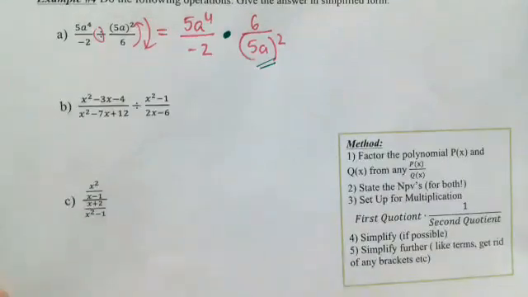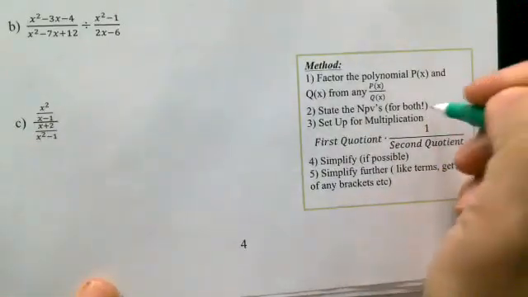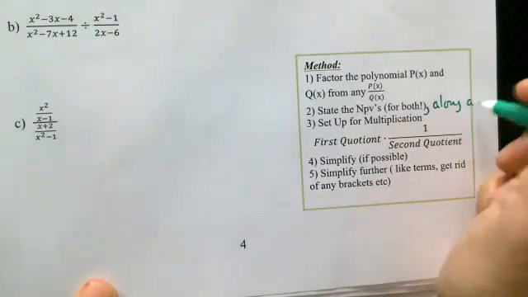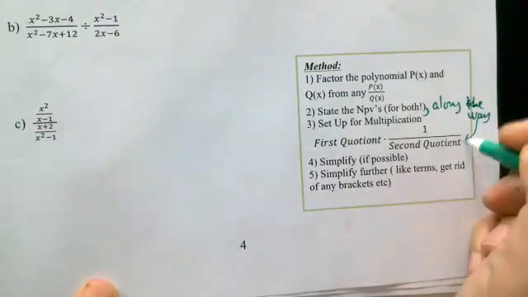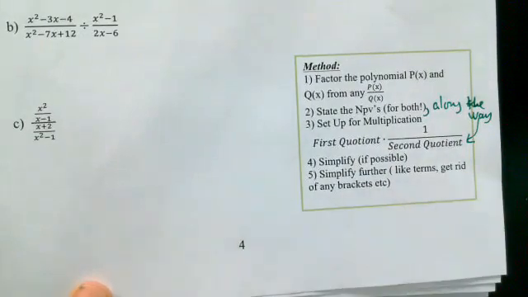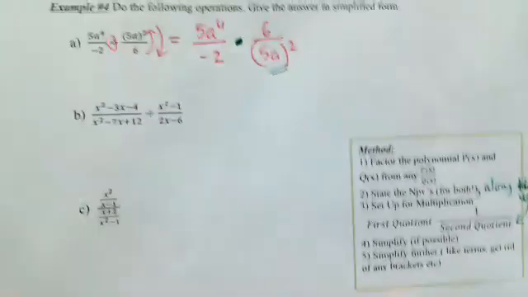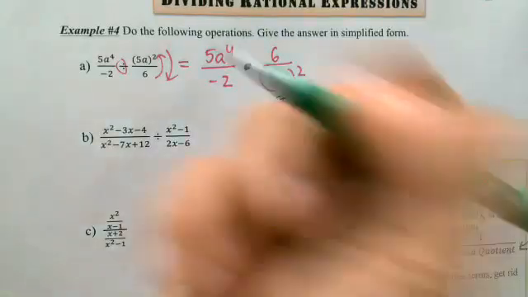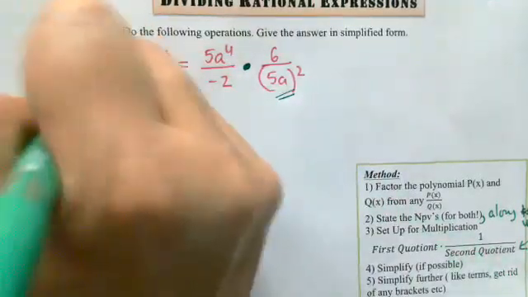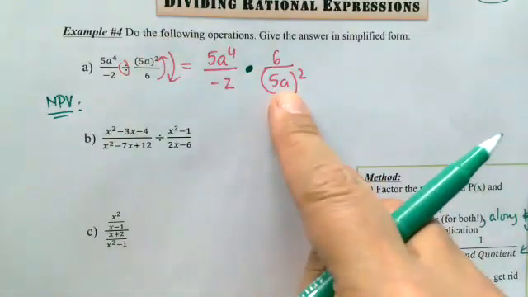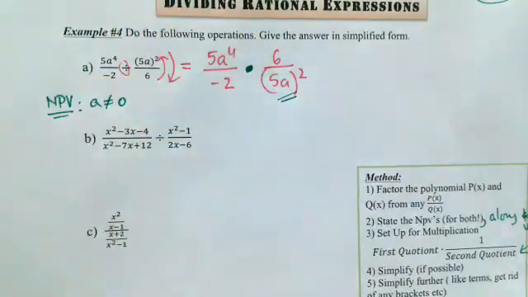So state the NPVs for both and along the way, once you do this flip over, if they appear. So in our situation, once we flipped over, from 5a, a cannot be 0.